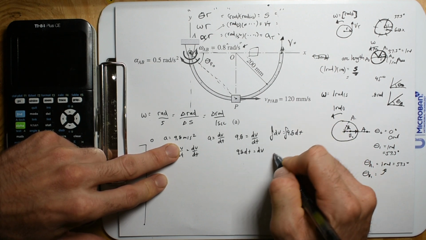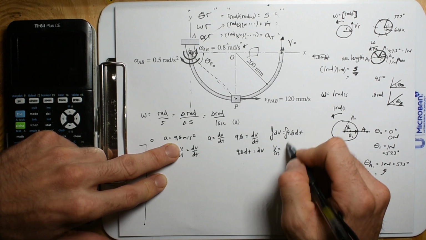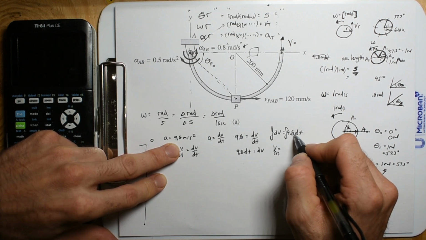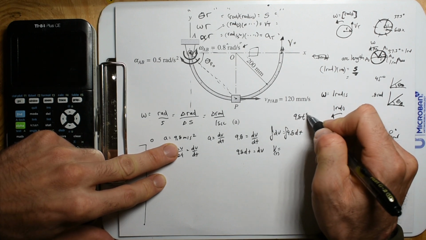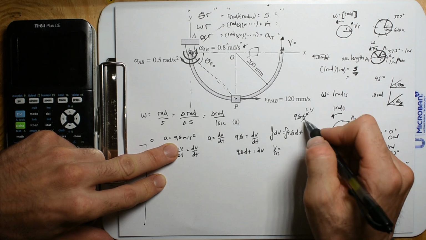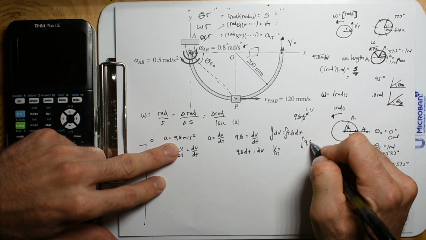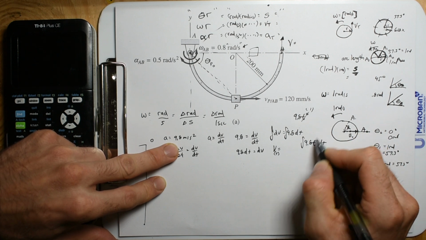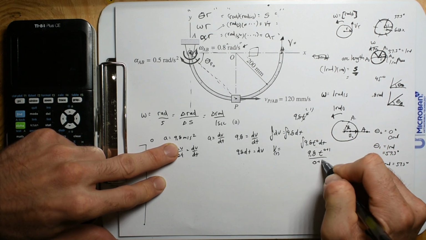I'm going to integrate, and then I'm going to have an equation for velocity as a function of time, which is just the integration of a constant. You could say this is 9.8 t to the 0, and t to the 0 is 1. When we integrate 9.8 t to the 0 dt, this becomes 9.8 t to the 0 plus 1 divided by 0 plus 1.